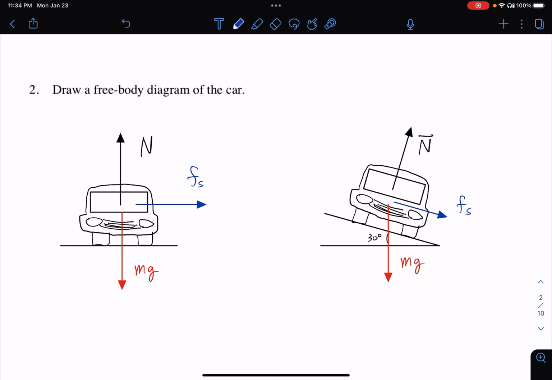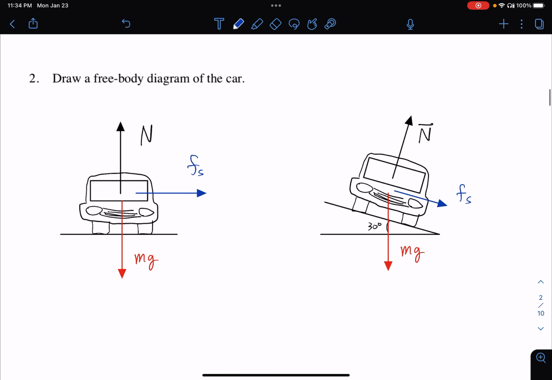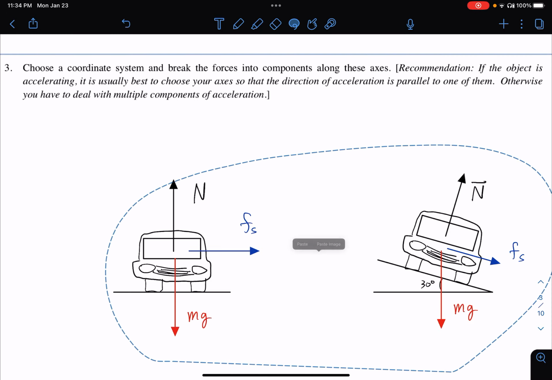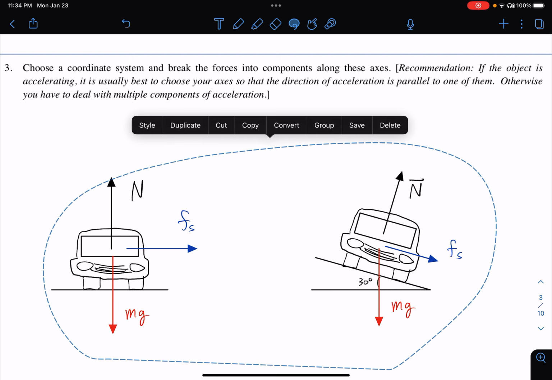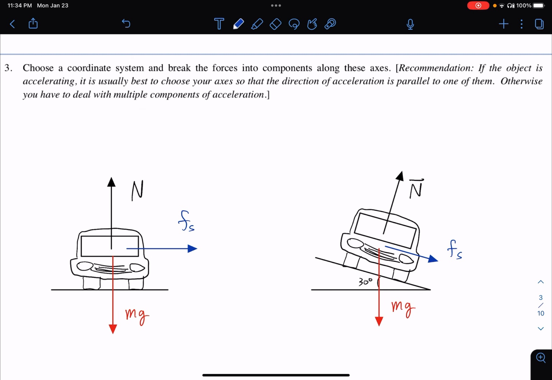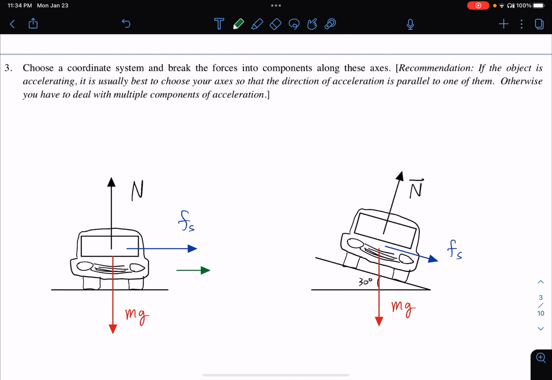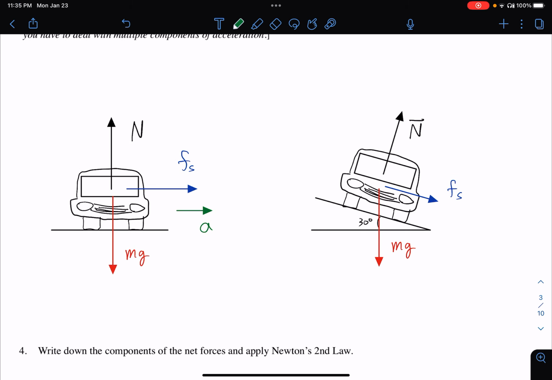Now we have our free body diagram. It's good to have a coordinate system to describe them. So let's copy paste here and choose a coordinate system in part 3. We know that the acceleration should go toward the right of this graph because it's going to make a right turn.